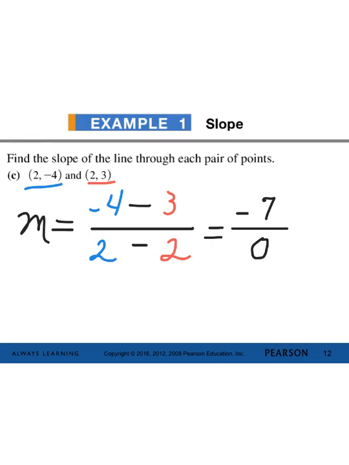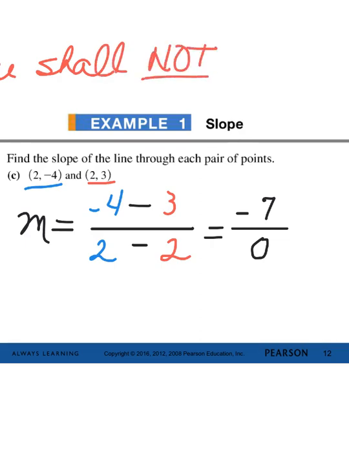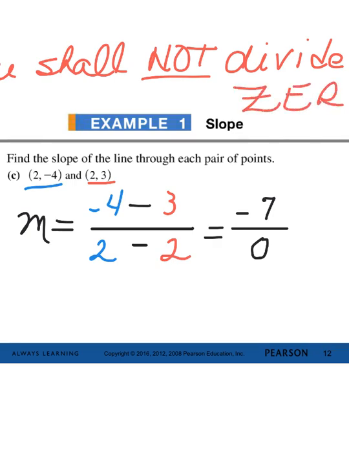And you're going to hear me say this a lot this semester. This is one of the 2 cardinal sins in mathematics. You cannot divide by 0. You can never do that, so you need to remember that.